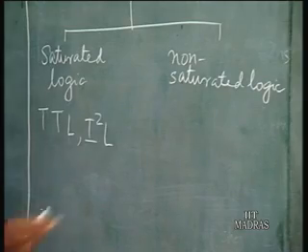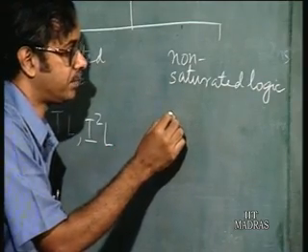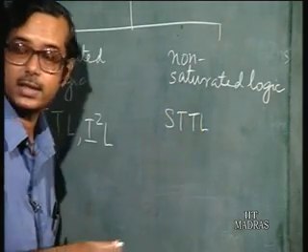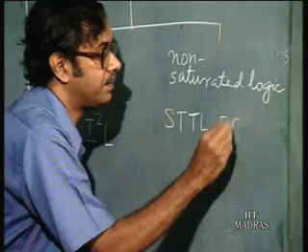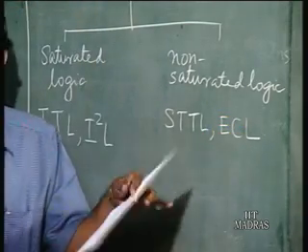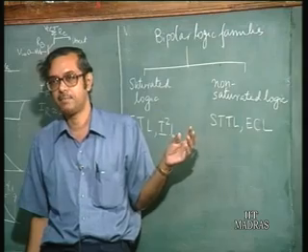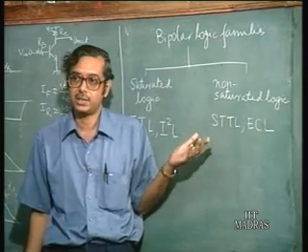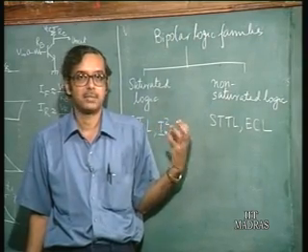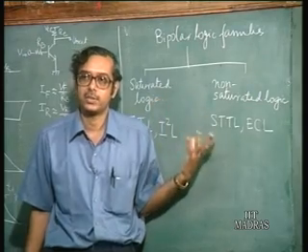Whereas, the examples of non-saturated logic, you have the Schottky TTL, where you use the Schottky transistors, and you also have the ECL, emitter coupled logic, where the transistor also does not go to saturation, but in that case you do not use a Schottky transistor, but you adjust the voltage levels in the circuit in such a way that the transistors do not go to saturation.